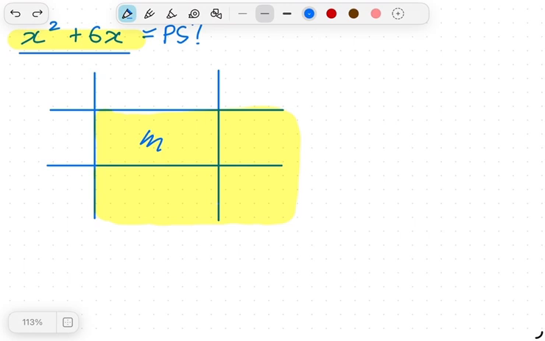So we give x squared here and 6x. But you know 6x goes in here, something x and something x. But these two must equal 6x. So it can be 1 plus 5, 2 plus 4, 3 plus 3. But we don't know that.